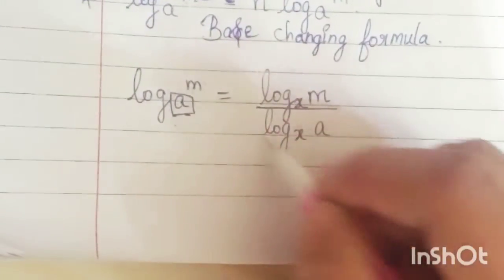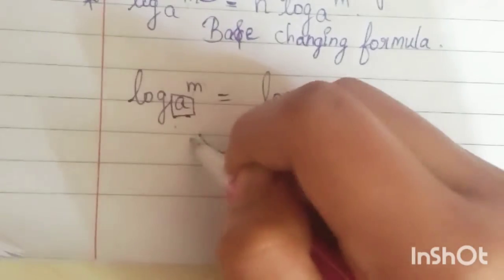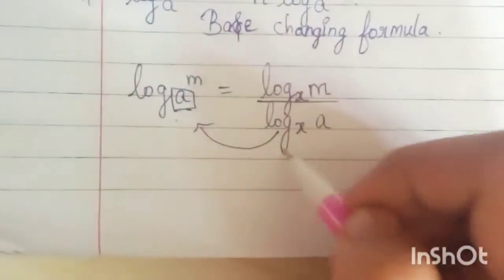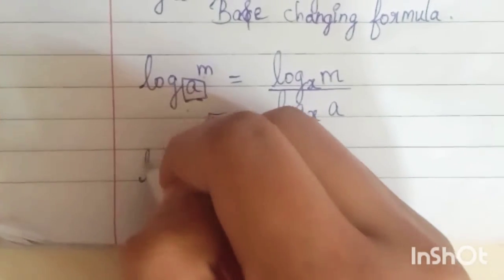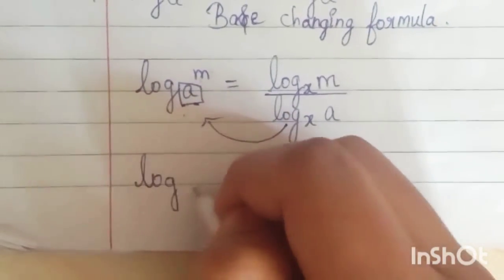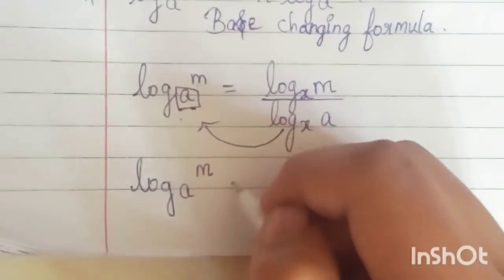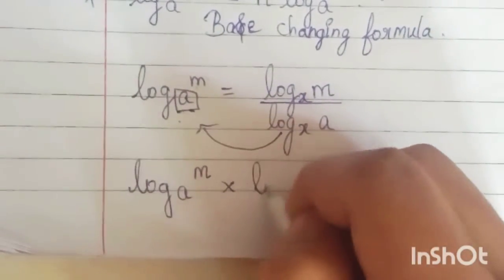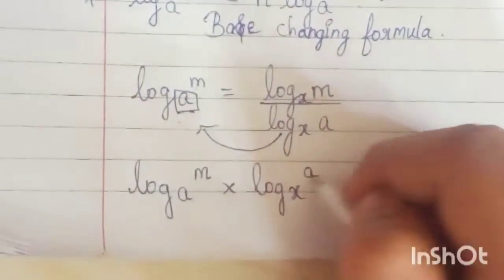So first I do this one, then I bring this denominator to this side. When I bring it to this side, what happens is log m to the base a into log a to the base x.